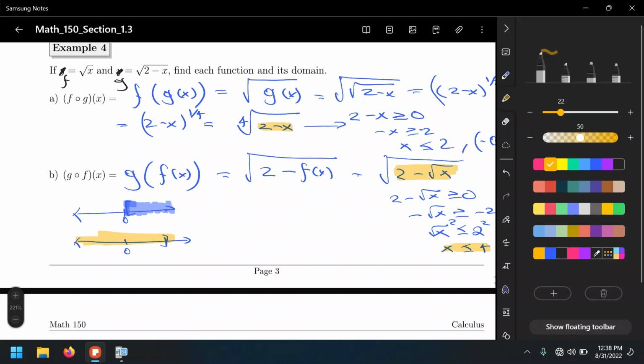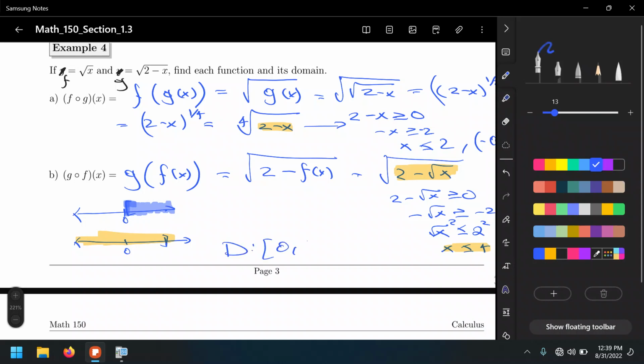We will be looking at the overlaps of those two sets. The intersection between 0 and 4. 0 and 4 are going to be the overlaps. Do we all agree with that? Yes? Okay, so that's the domain, 0 and 4. As a note, the overlaps.